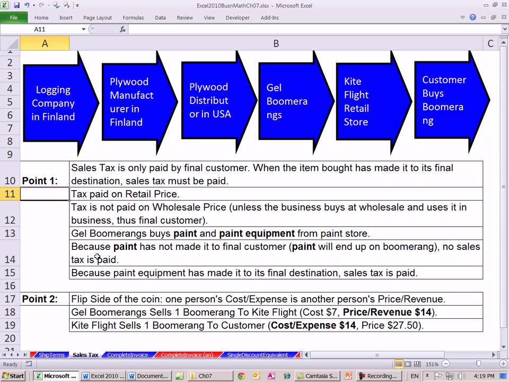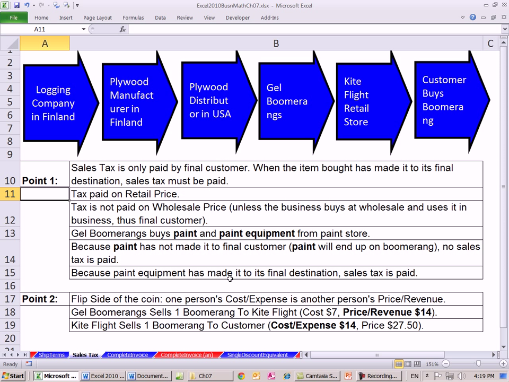Well, get this. Because the paint has not made it to the final customer, meaning the paint will end up on the boomerang, no sales tax is paid on that paint. But the paint equipment has made it to its final destination, so sales tax is paid. Right? So there's an important distinction. It's always the final destination.